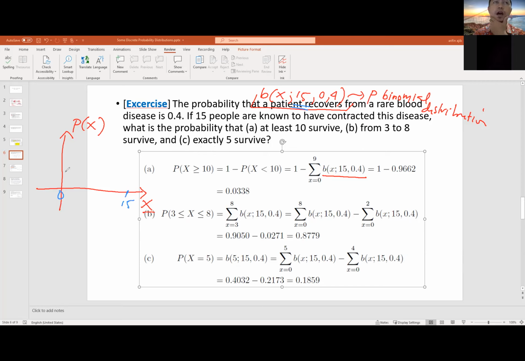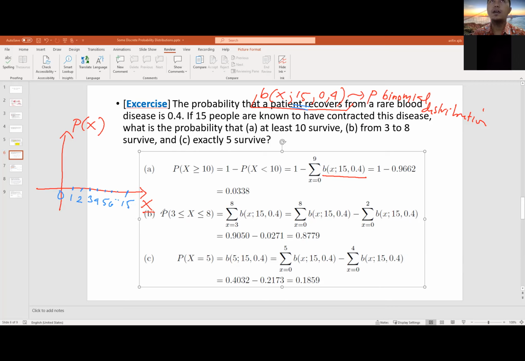So how much is the probability at x equal to 0, and then how much is the probability at x equal to 1, 2, 3, 4, 5, 6, 7 until 15.